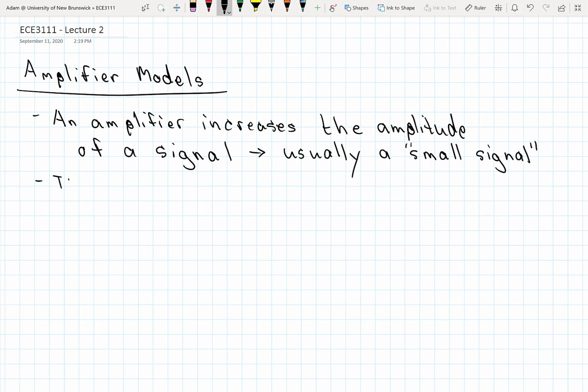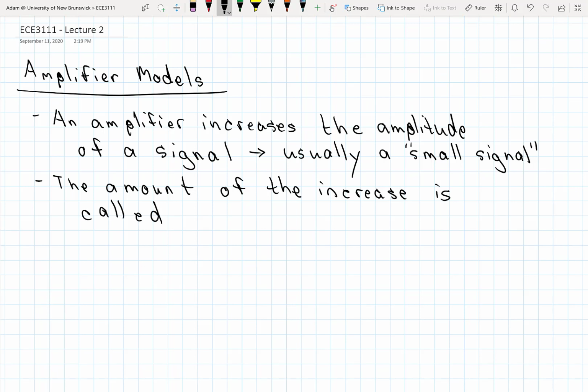Okay, the amount of amplification that gets applied, or the amount of the increase, is called the gain of the amplifier.